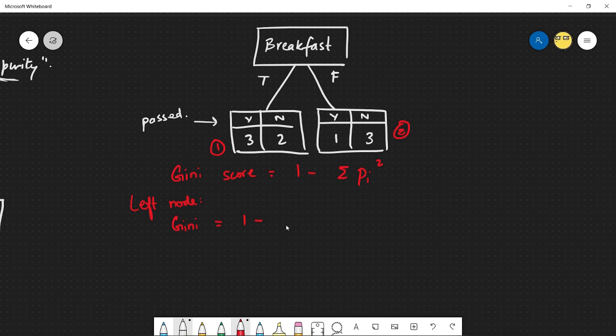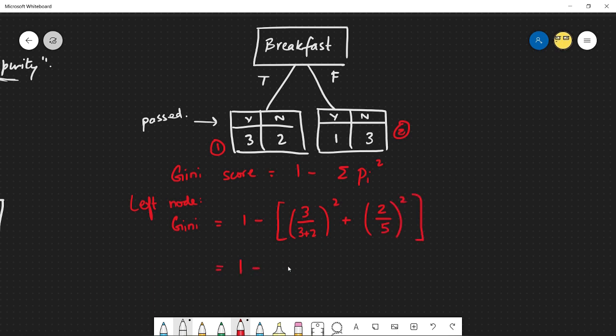So 1 minus, so the yeses first is going to be 3 over, and the probability of yes happening out of all is 3 over 3 plus 2, right? 3 over 5, this whole thing squared, plus the probability of no's, which is 2 out of the total, which is 5 here, squared.